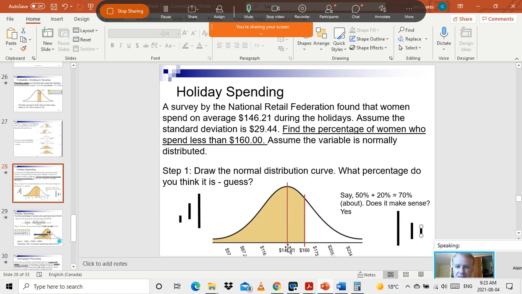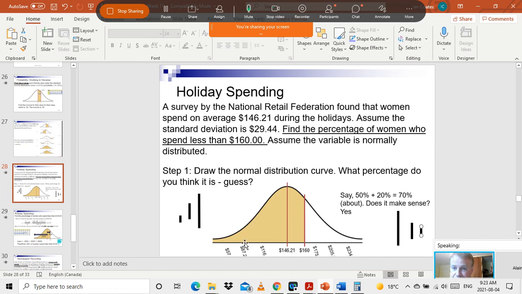My mean is $146.21, and my standard deviation moves along. The value I'm looking for is $160, and I want the percentage of women who spend less than $160. So that means it's all of this.